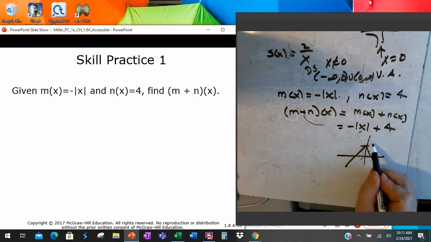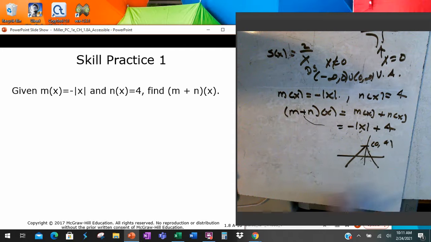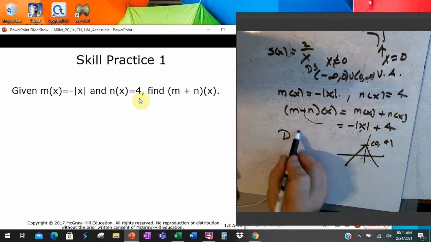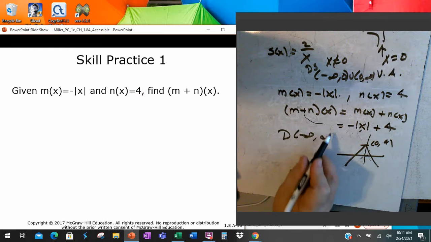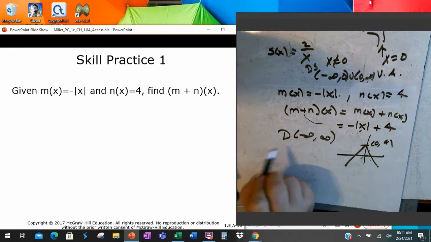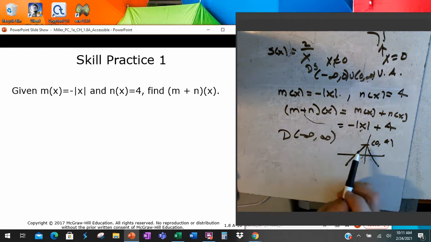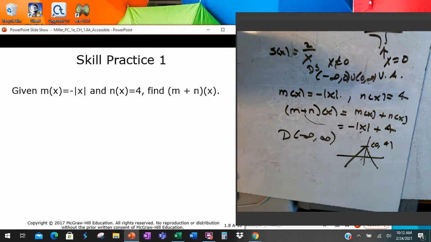And this one would be 0, 4. Domain, negative infinity to infinity. Give me any number, I can take the absolute value of it, multiply it times negative 1, and then add 4.